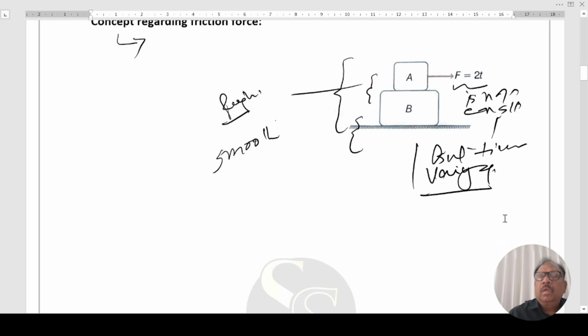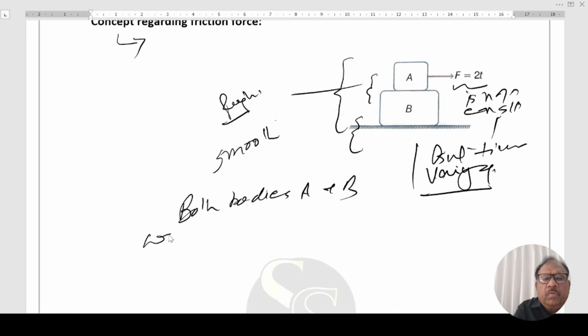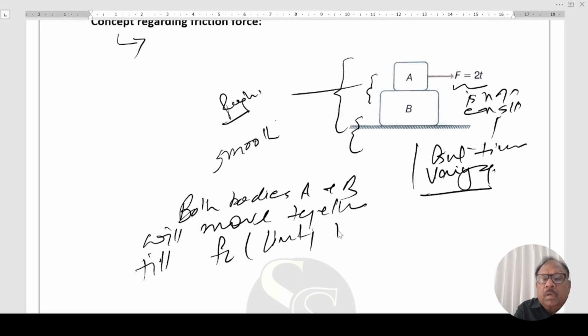Means if both bodies A and B move together till FL, the limiting force of friction, that is equal to mu m a.